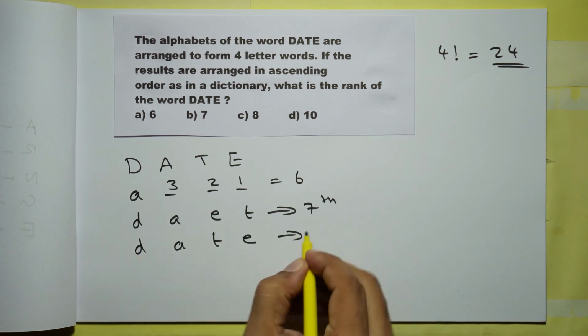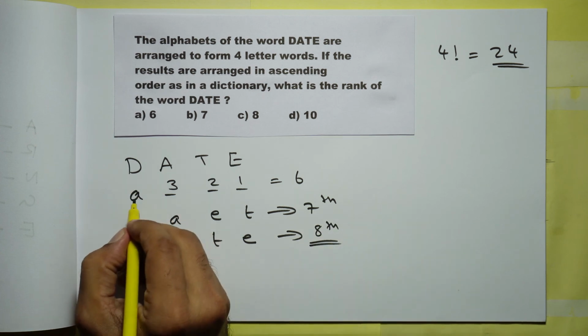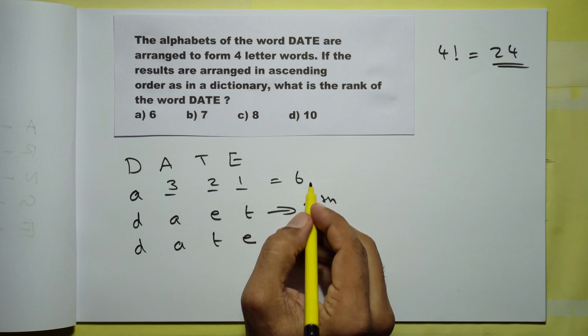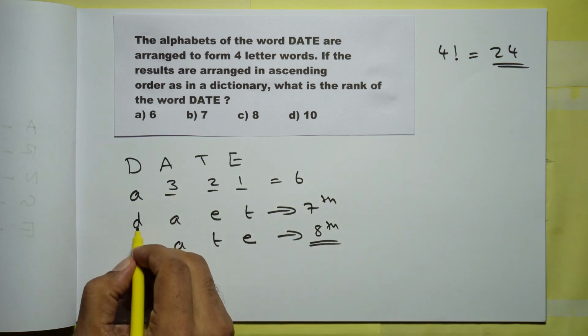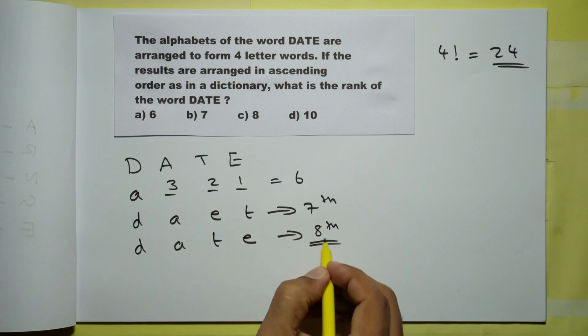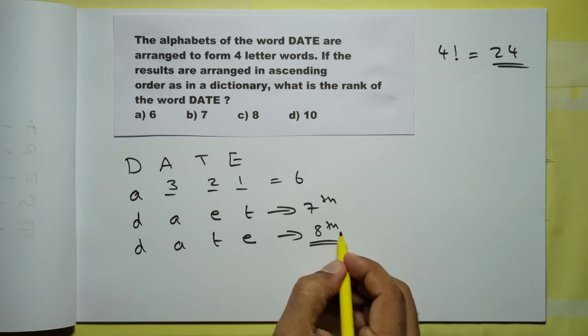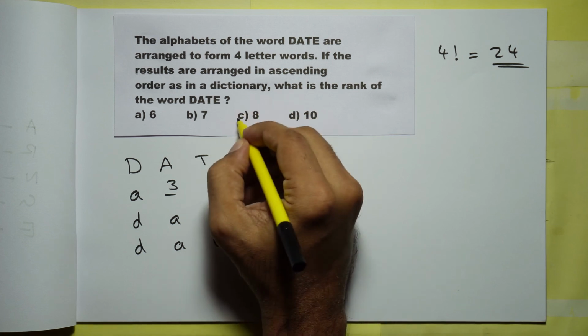So the word DATE will be the 8th word. That is, initially words start with A, 6 of them, and the next word will start with D, and the 7th word is obtained as DAET, and the next word will be the 8th word, and that is DATE. So DATE is the 8th word, that is option C.